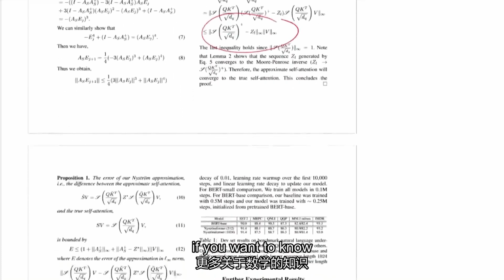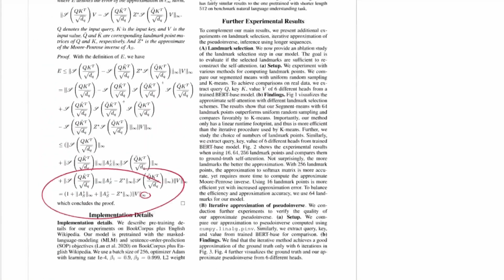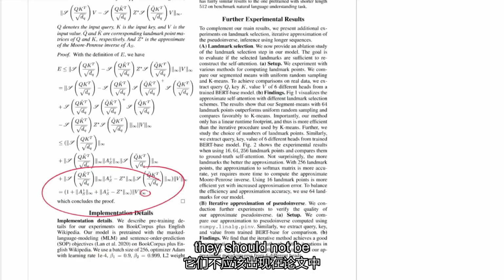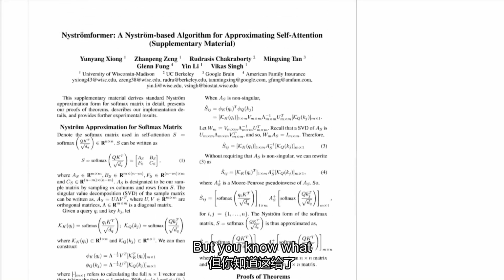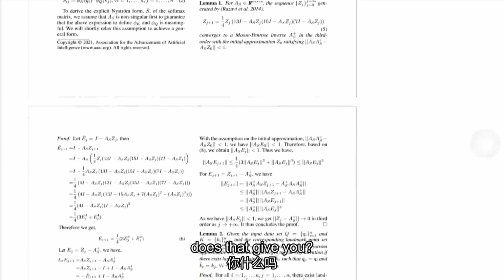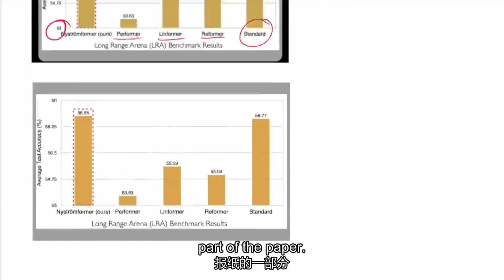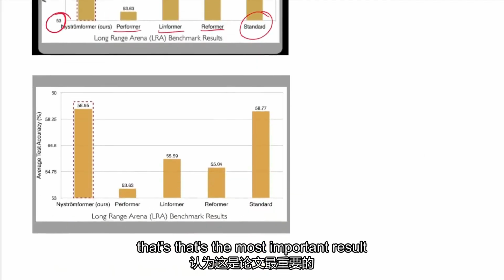And also check out the appendix if you want to know a bit more about the math, because in my opinion, these kind of bounds right here should be in the paper, because right now the paper just says, if you use all the queries and keys as landmarks, then you're good. But what does that give you? And yeah, I fully expect this graphic here also to be part of the paper, because I think that's the most important result of the paper.